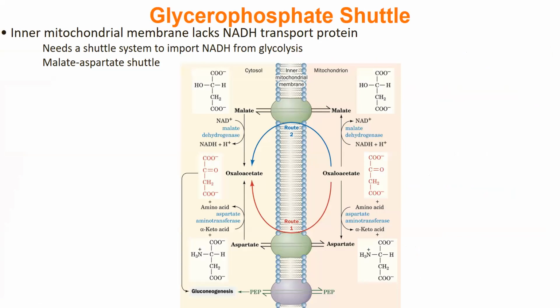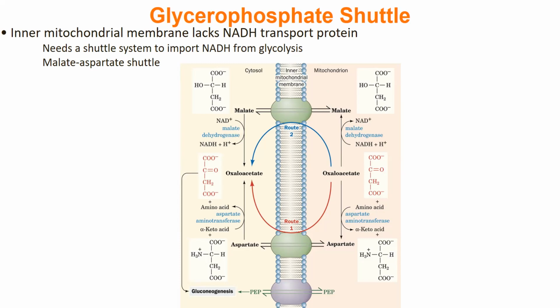Now, since the inner membrane is so regulated, we need various shuttles. Hopefully this picture looks familiar to you. This is an image we looked at for getting oxaloacetate out of the mitochondria matrix and into the cytoplasm for gluconeogenesis.